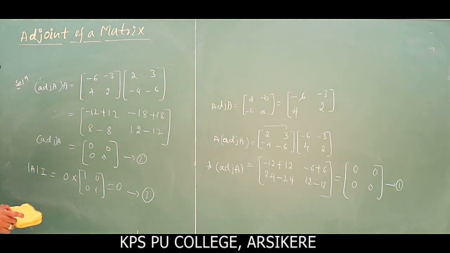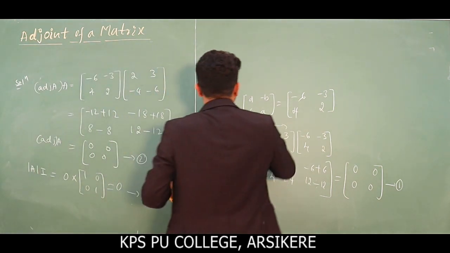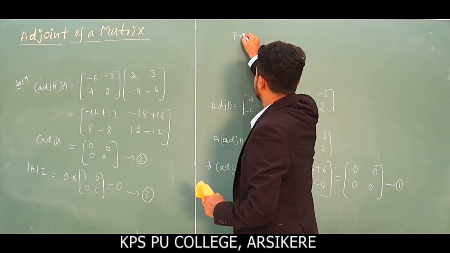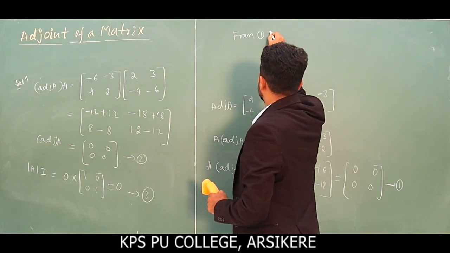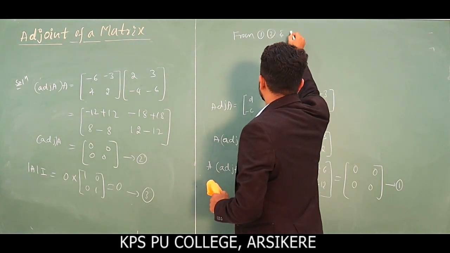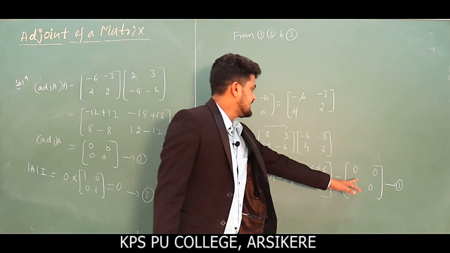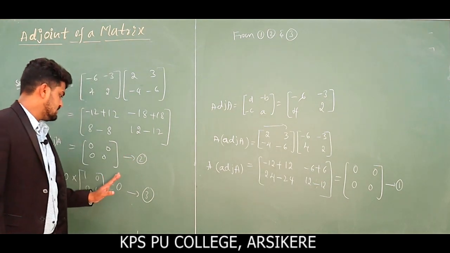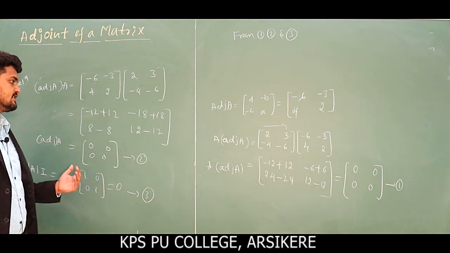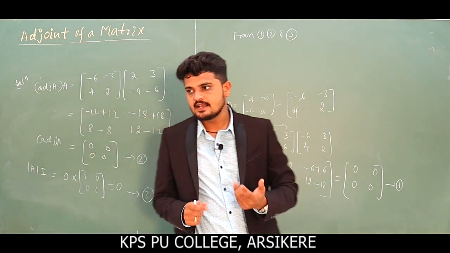Okay, next. So from 1, 2 and 3, observe 1, 2 and 3. So see, 0 0 0. So RHS value 0, therefore corresponding LHS values are equal.